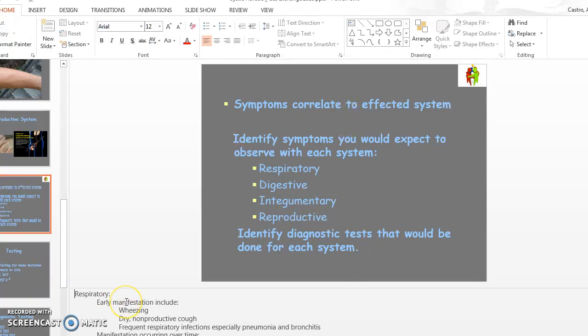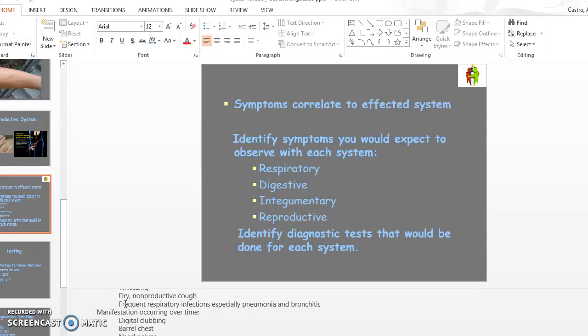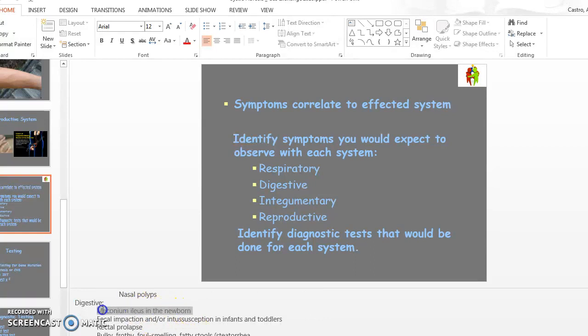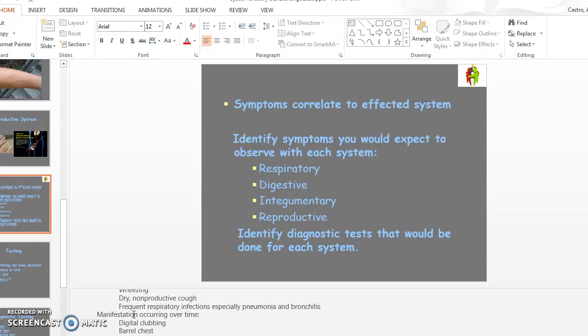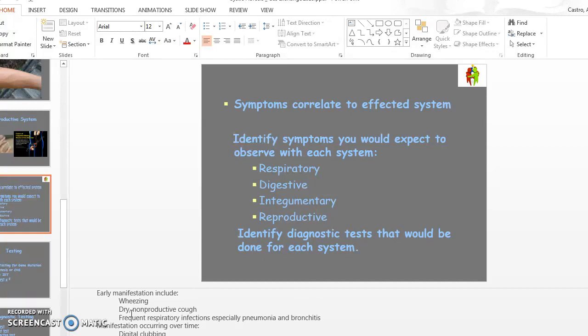So this is, again, just a list of symptoms down here. The things that I want you to know the most is early on, how are we going to catch that? And that's going to be the meconium ileus, the stools, and then they're also going to have changes in their chest x-ray due to the respiratory issues.